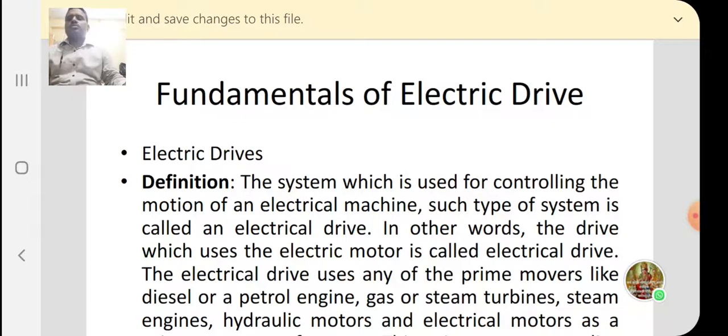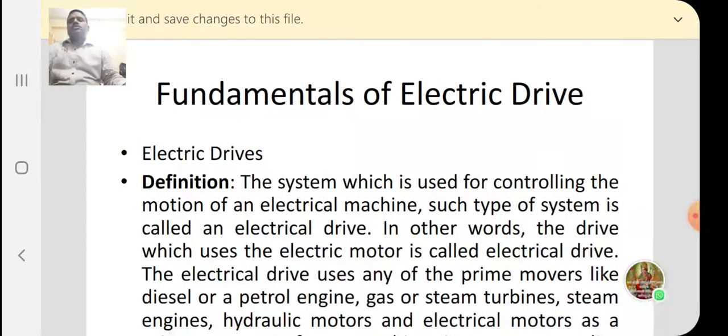The first unit is defined as the fundamentals of electric drives. Here, as we know, the word is drives. The definition of drives is that where a motor is used, we use drives for controlling the motor. By definition, a system which is used for controlling the motion of an electrical machine is called an electrical drive.